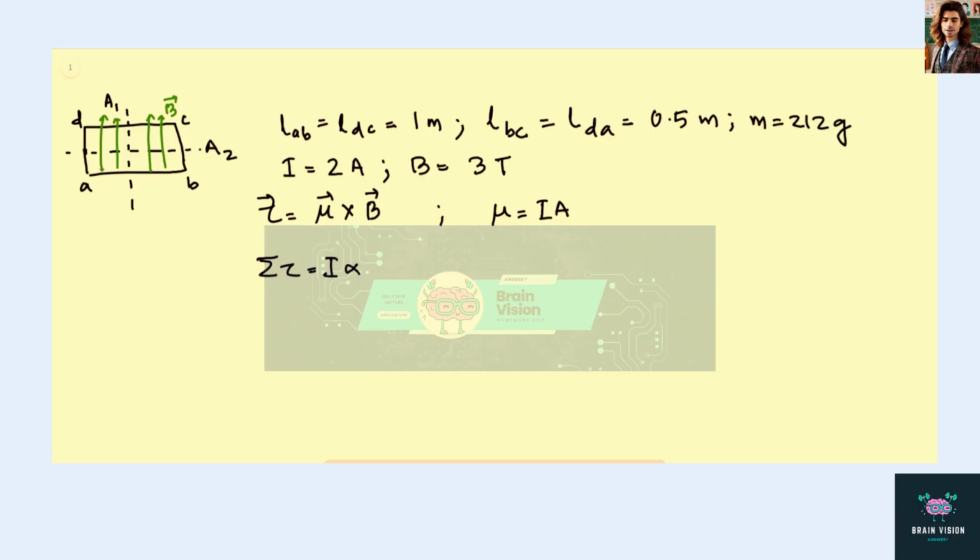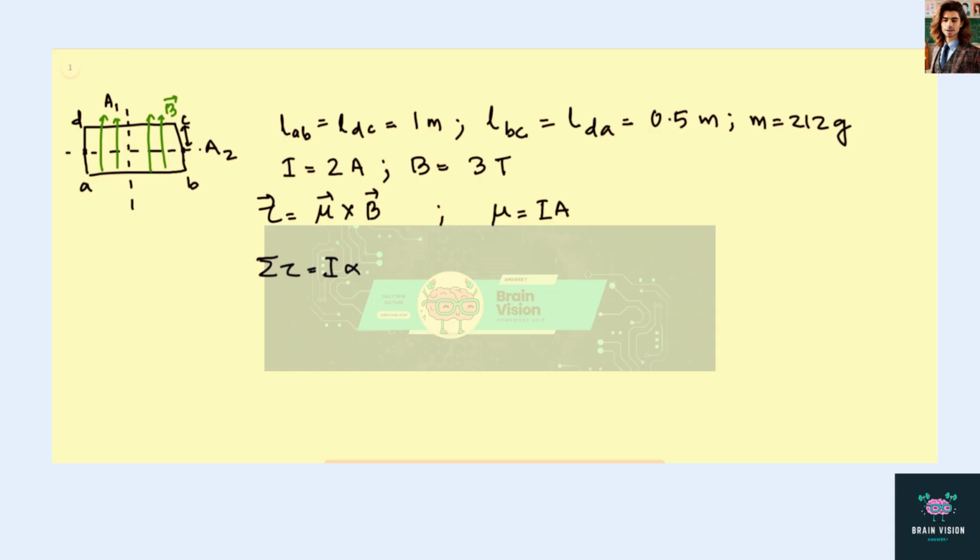So these two segments are basically two rods rotating about axis A2, about their center. AB and DC are rods, but they can be treated as point masses rotating about axis A2 at a distance of 0.25 meters, which is half of this distance.